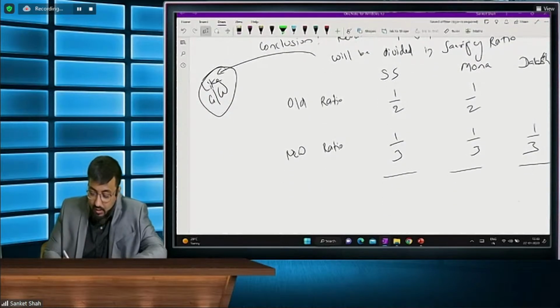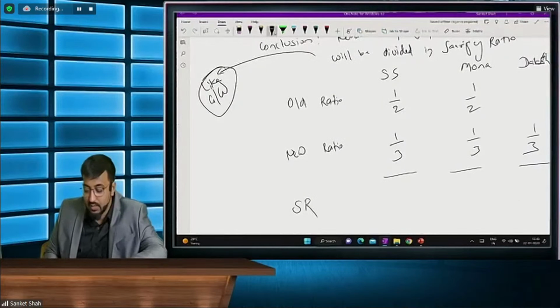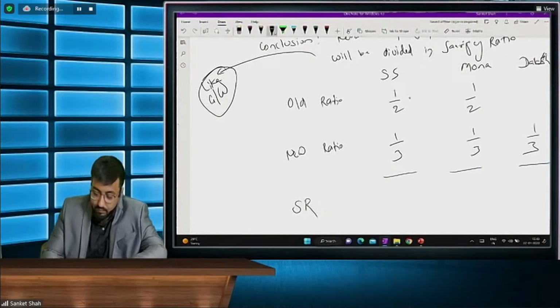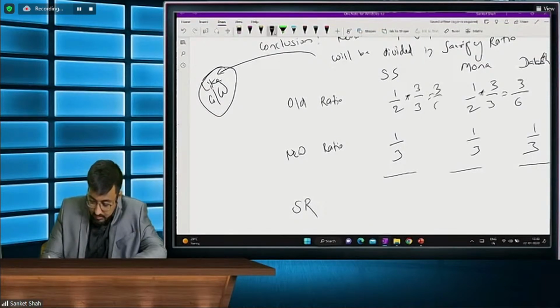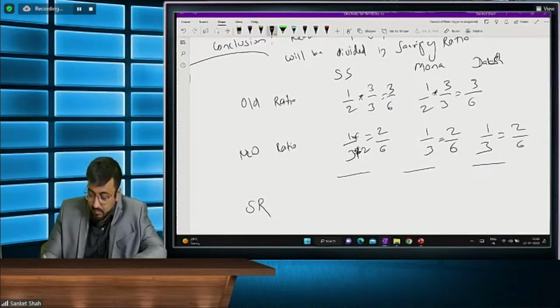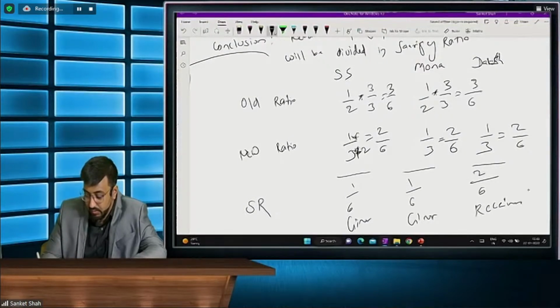Sacrificing ratio, tell me what is the sacrificing ratio? Chalo fast. 3/6, 3/6, and here 2/6, 2/6, 2/6. 1/6 giver, 1/6 giver, 2/6 receiver.